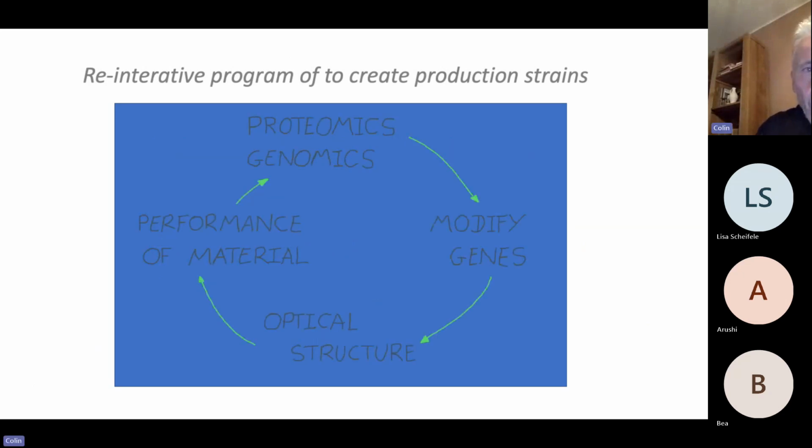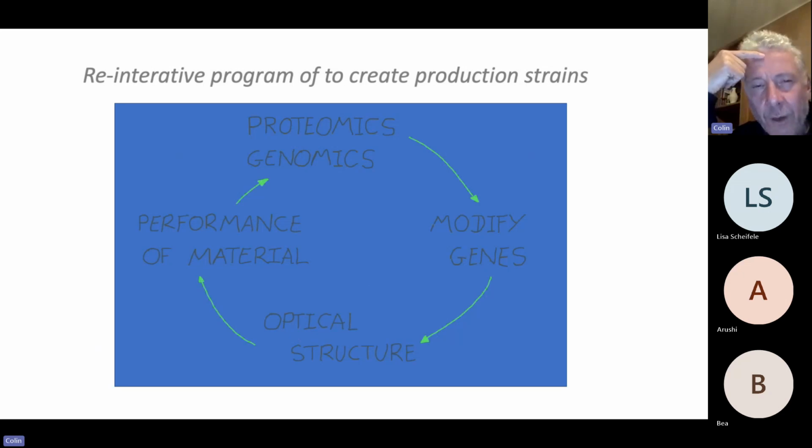We're only a few cycles through this. But what we're trying to do is a reiterative process where first we use both proteomics and genomics to see what we think is going on with the pathways involved in structural color. We modify some genes, find the ones that do interesting things, and demonstrate this with an optical structure with our collaborators.